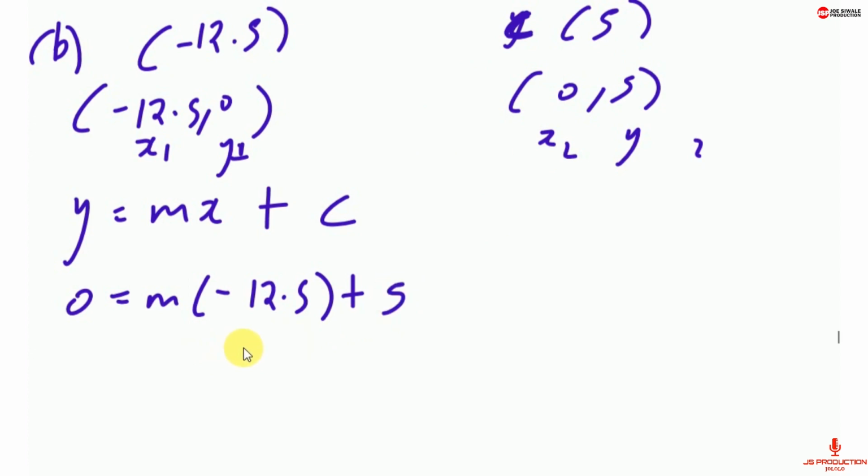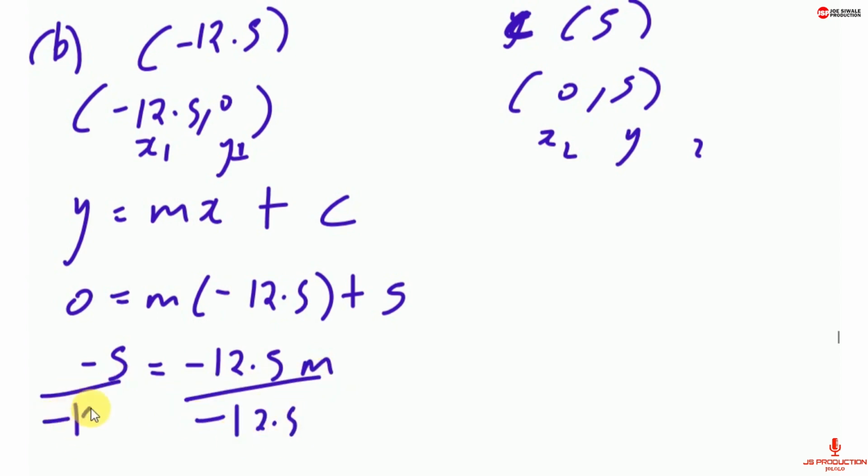Then we can transfer 5 to the other side of the equation, so it's going to be negative 5 is equal to m multiplied by negative 12.5, that is negative 12.5m. So we divide by negative 12.5 on both sides, and this is going to cancel out.